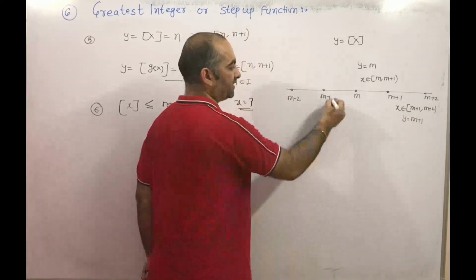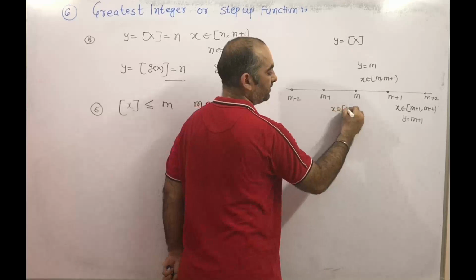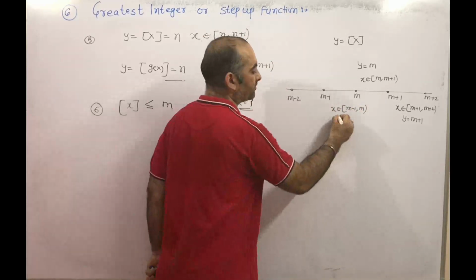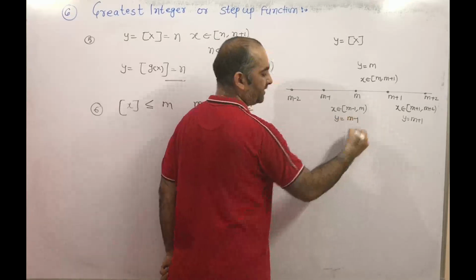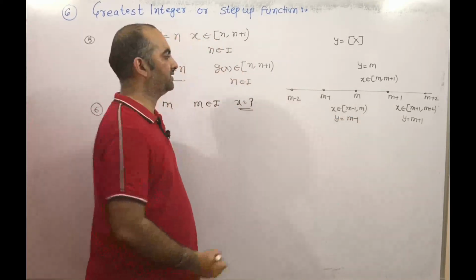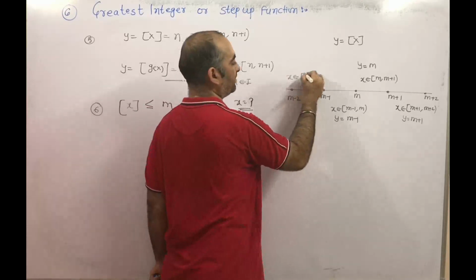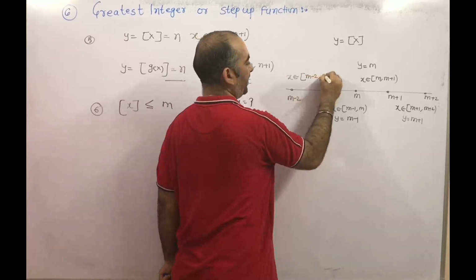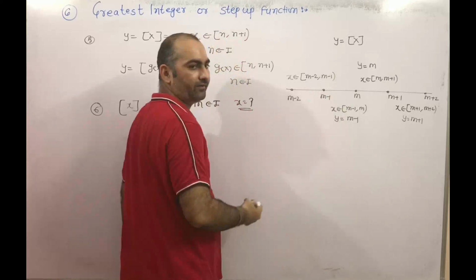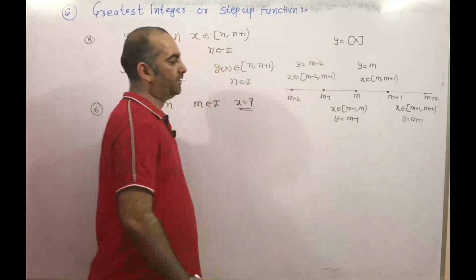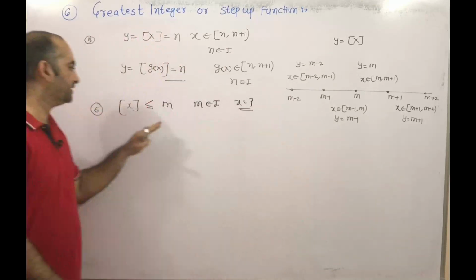Now if I take x belongs to the interval m minus 1 to m, the y value is m minus 1. If I take x belongs to the interval m minus 2 to m minus 1, open, the y value is m minus 2.